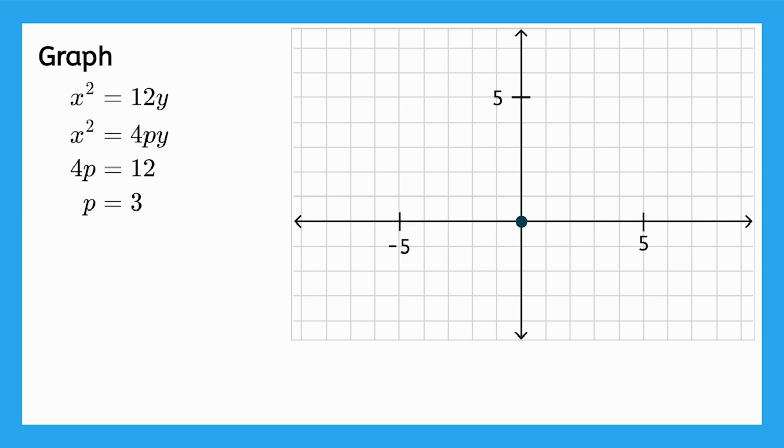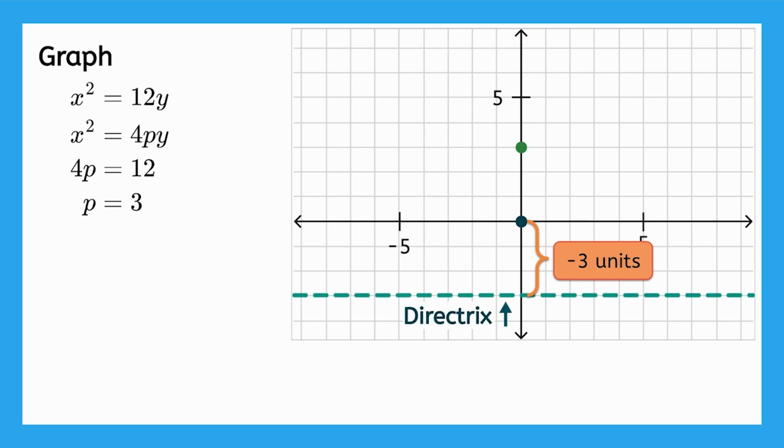That means the focus is 3 units from the vertex in the positive direction, so the focus is at 0, 3. The directrix is 3 units in the opposite direction with the equation y equals negative p, or y equals negative 3. So let's sketch that in too. Okay, what's next?